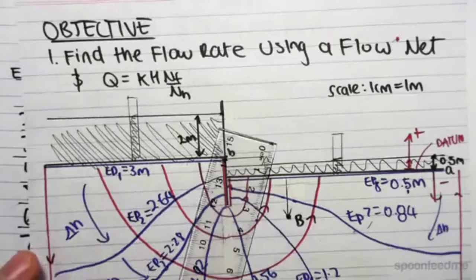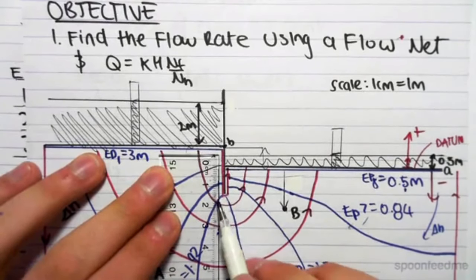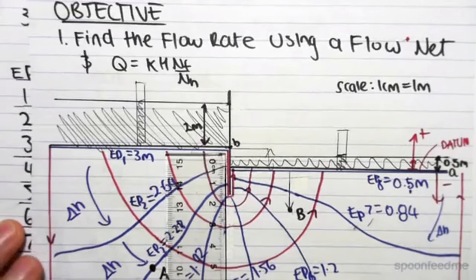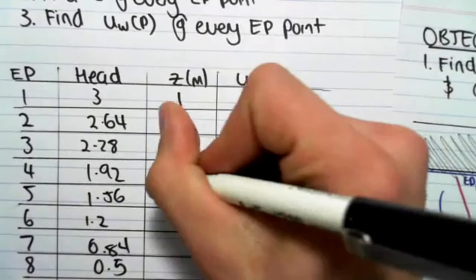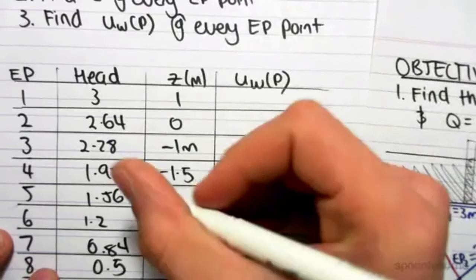EP4, measured from our datum, is roughly 1.5 centimeters, so that is minus 1.5. EP5 is at the exact same point, so it's also minus 1.5 meters.